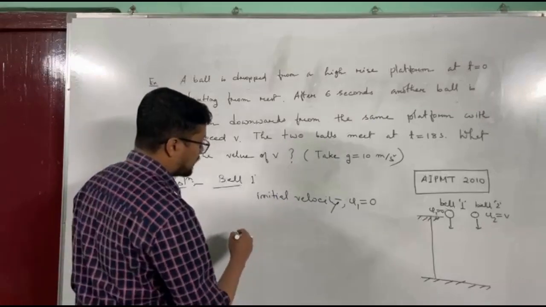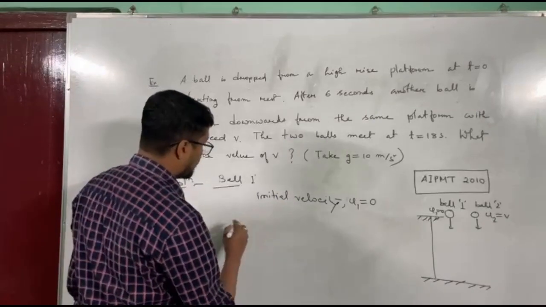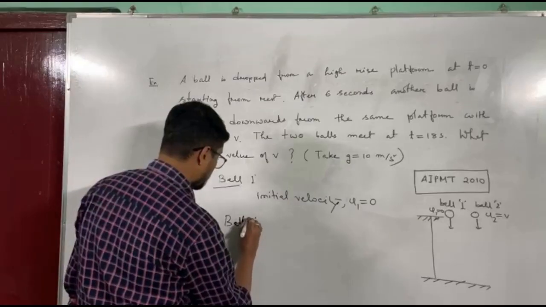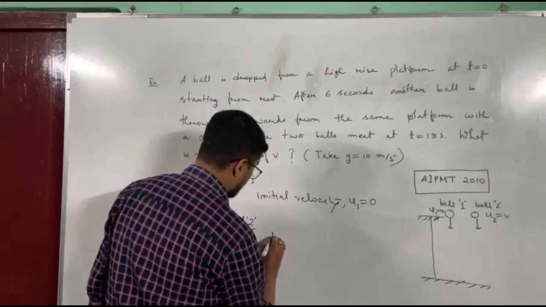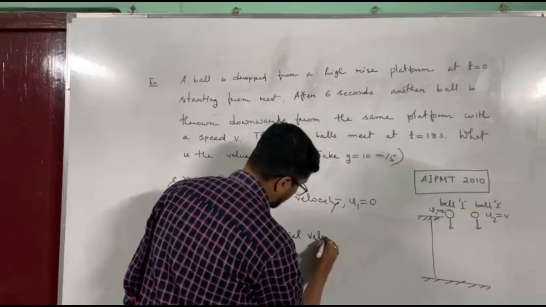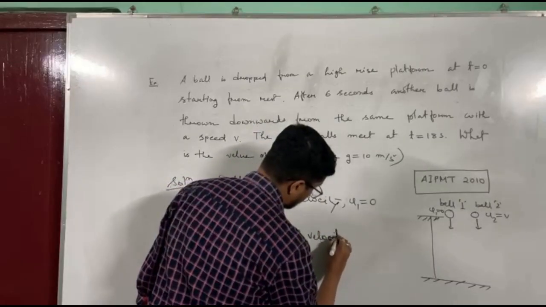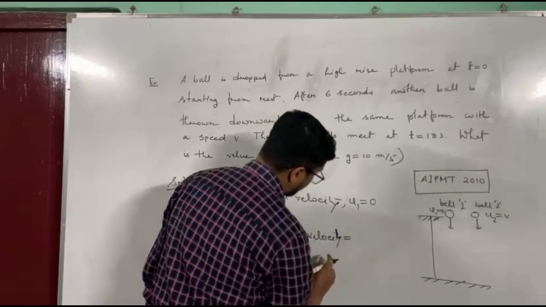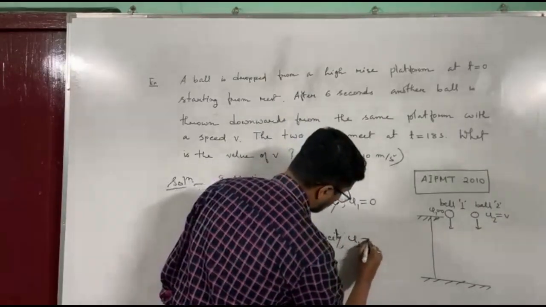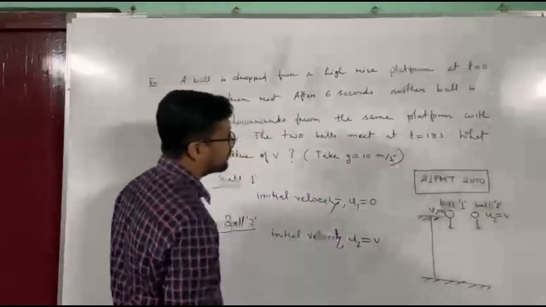So let us first write the initial velocity of ball 2. The initial velocity of ball 2 is v.